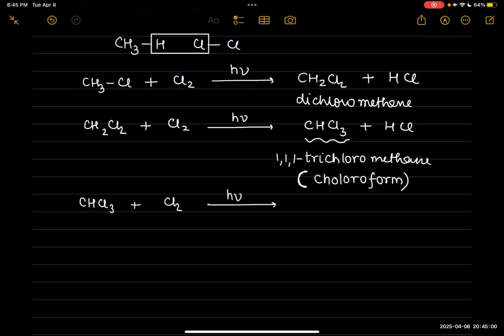Ultimately, this will be the final product for methane. It is going to be CCl4, carbon tetrachloride.